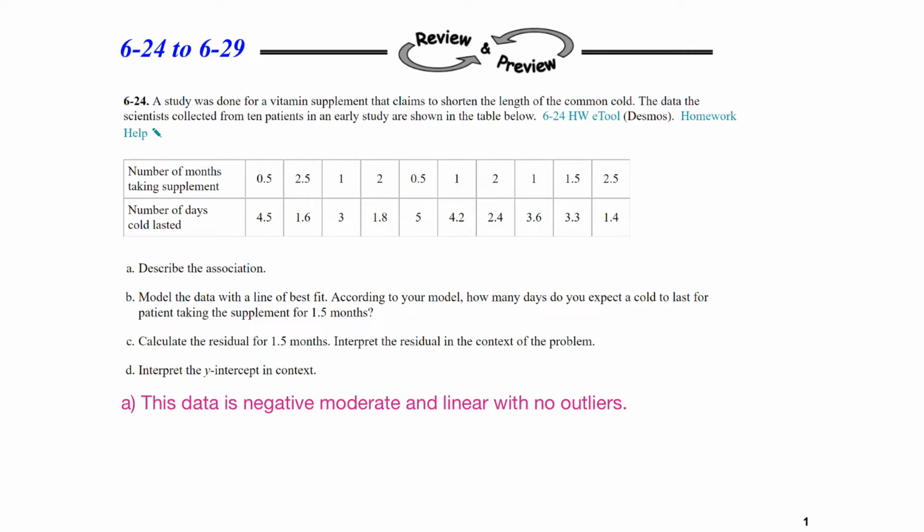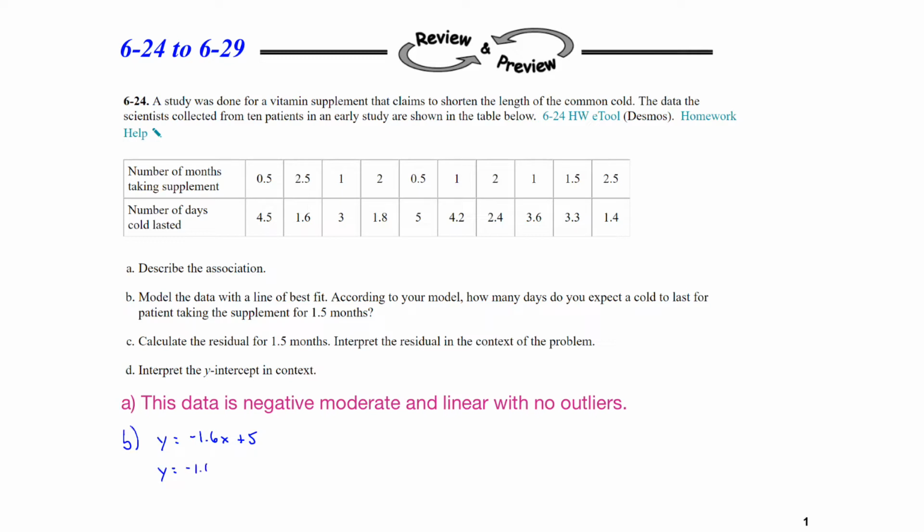So for part B, the equation would be y is equal to negative 1.6x plus 5. So that's my line of best fit modeling the data. And based off of that, if I wanted to figure out how many days we expect the cold to last for a patient taking the supplement 1.5 months, we will plug that in for x.